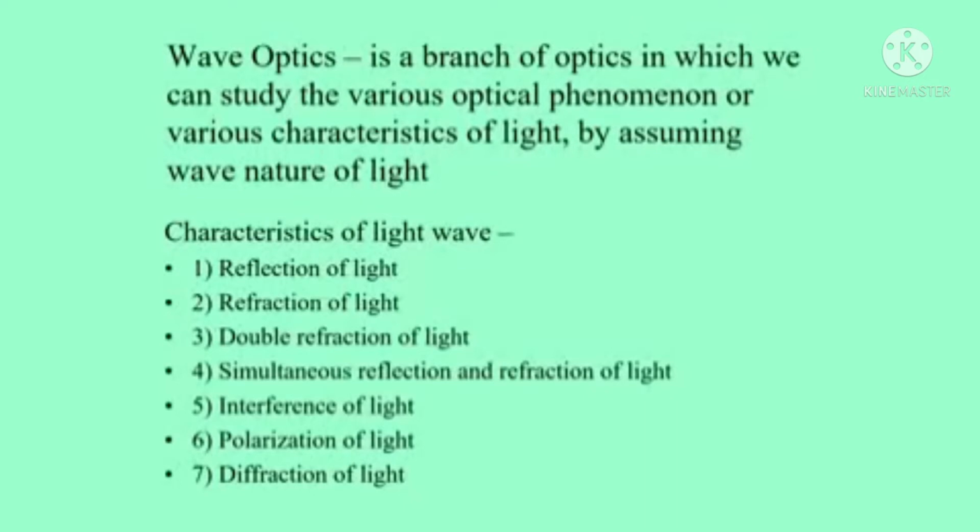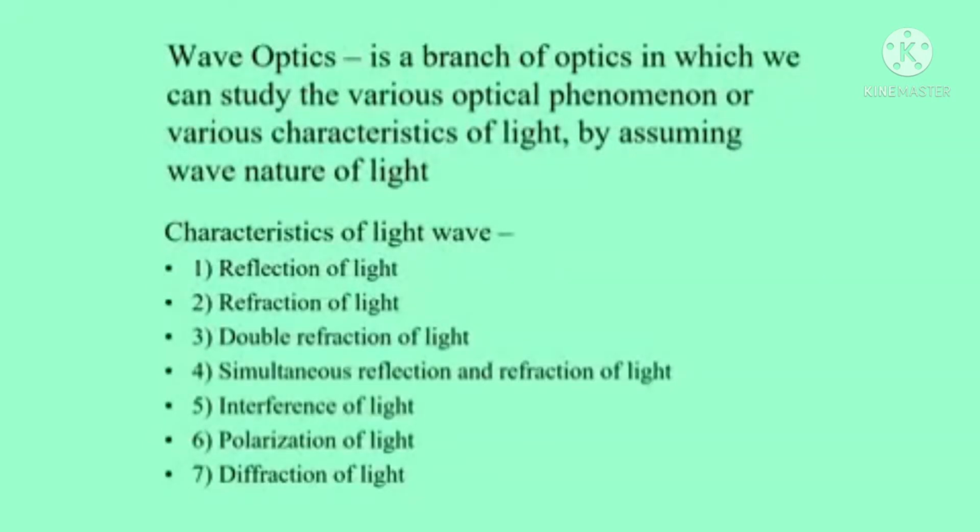Students, we know that particle nature means the source of light emits light in the form of particles, and wave nature means the source of light emits light in the form of a wave. In this topic, we see various characteristics of light by considering its wave nature, as shown in this PPT.